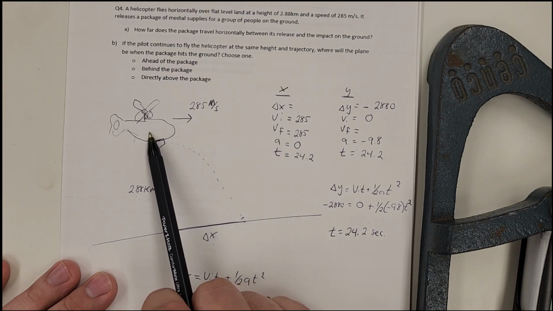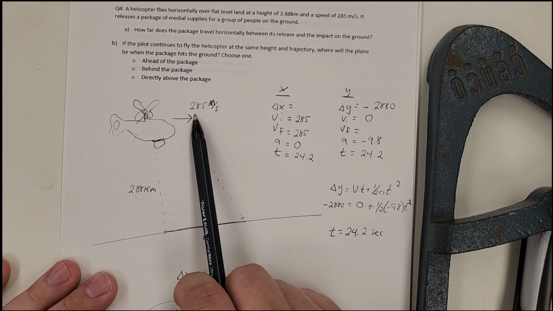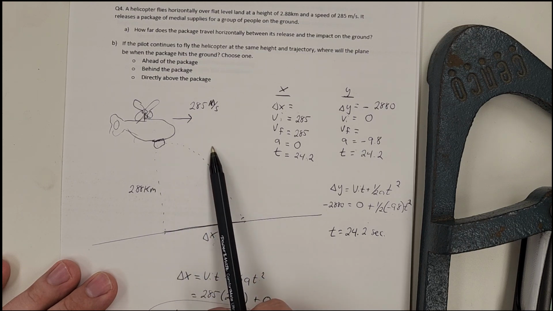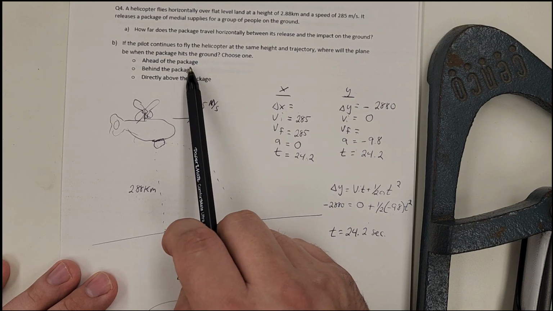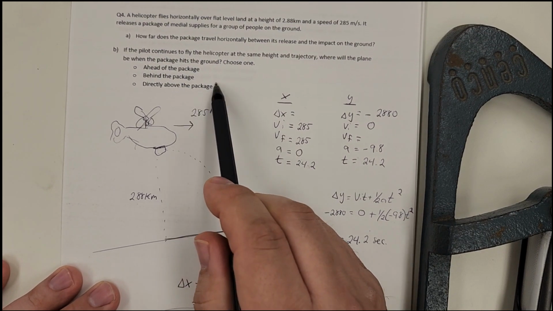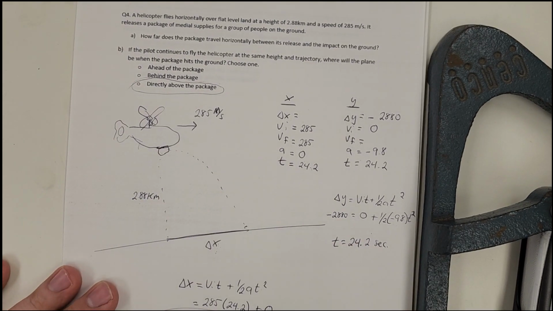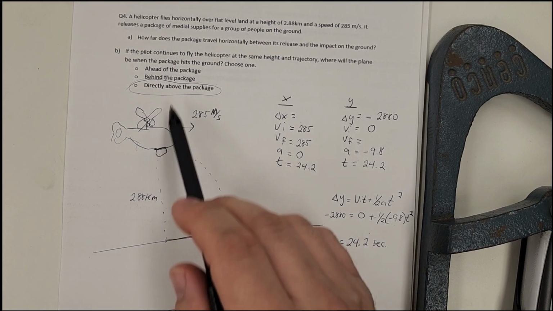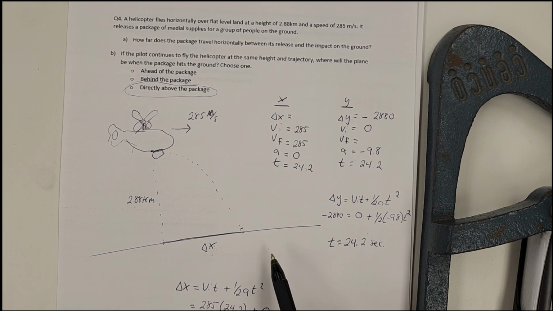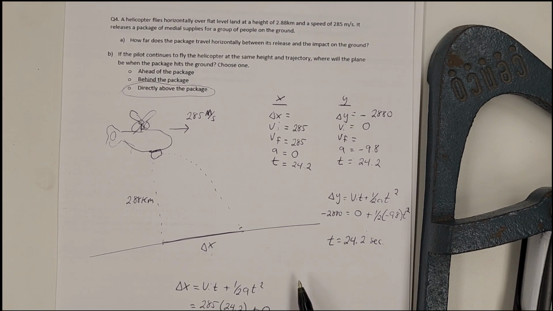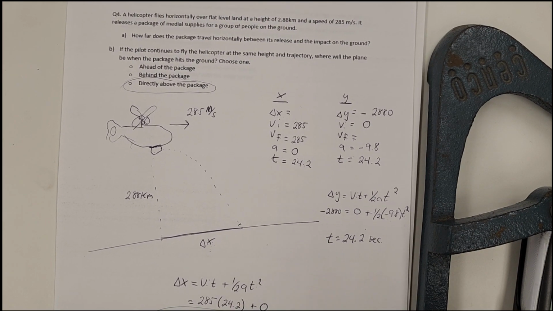If it moves 1 second in the x direction, it's moved 285 meters. If the package moves 1 second, it also moves 285. So it is neither ahead nor behind, but instead directly above the package. In real life, we don't see it exactly that way because there's a lot of air resistance and other factors that take place. But in an ideal situation, we would be directly above the package.